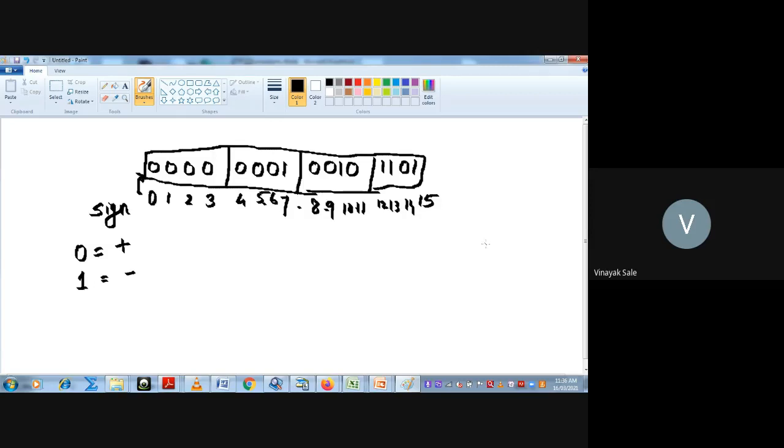Binary to decimal conversion. So here 1, 2, 4, 8, 16, 32, then 64, then 128, and then 256.